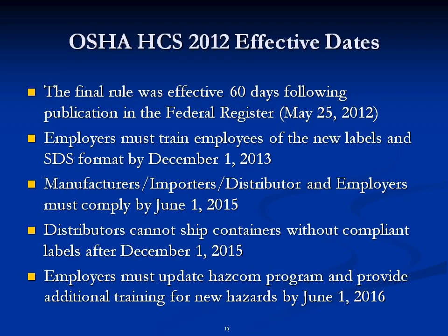So you really should be thinking about not only getting your work done in time for you to be compliant, but also reducing the burden on your distributors so that they don't have to relabel product that's in their warehouses to ship it on to the eventual user. There is no requirement for employers to relabel product once it's in their facility. So products that are shipped up until December 1st, 2015 can still be used without relabeling of those products.